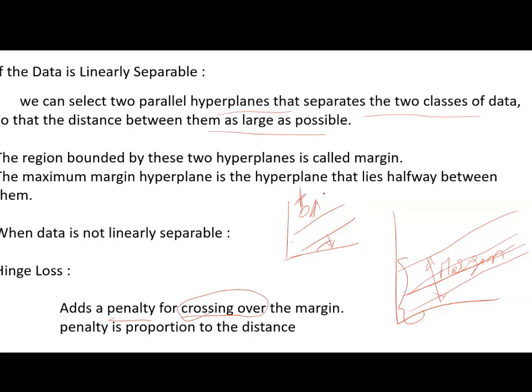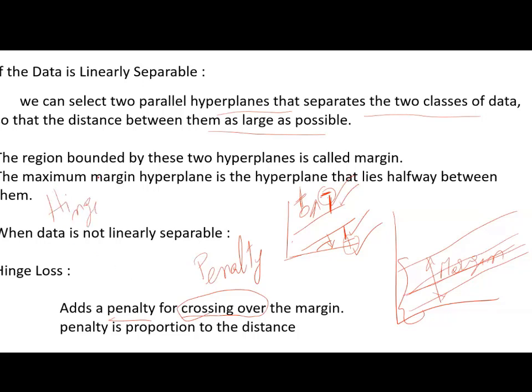If some negative is here, we say this negative has crossed the margin. And if some positive is there, we say it has crossed this margin. For such crossed ones, we calculate what is called the penalty, which is nothing but the distance. This distance is called the penalty. Now this is called hinge loss.